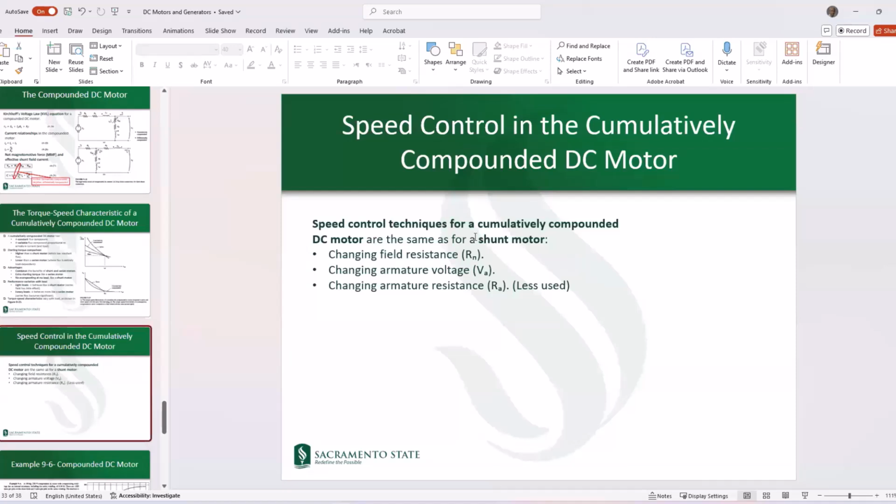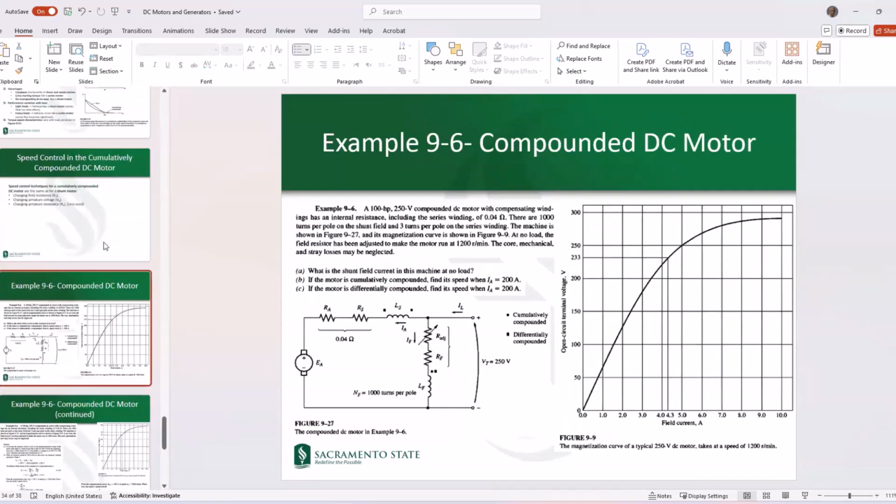Now, in terms of speed control in cumulatively compounded DC motors, we have pretty much the same techniques that we had for the shunt: changing the field resistance, changing the armature voltage, and changing the armature resistance, which is less used because of the disadvantages associated with the losses, same as we talked about in series motors as well.